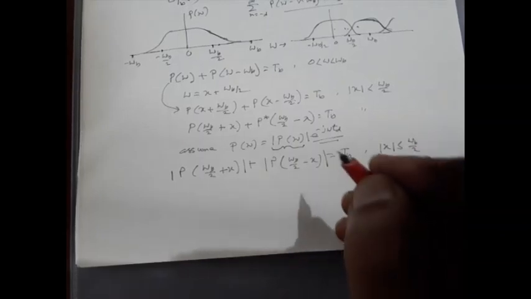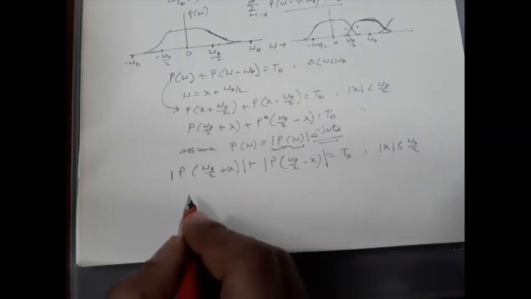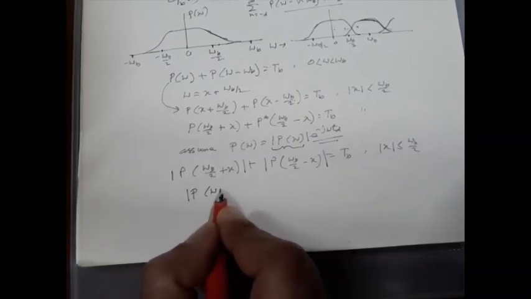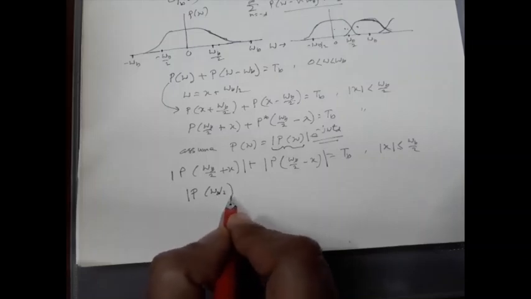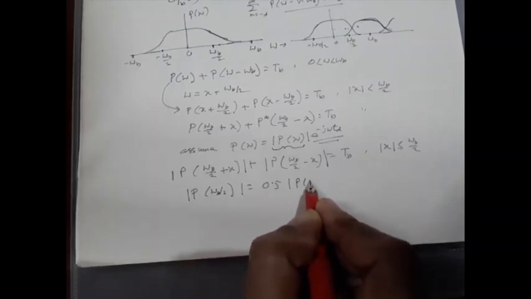So P omega has an odd symmetry about the set of axes intersecting at point x. Also, you must have seen that P of omega b by 2 is 0.5 of P0.